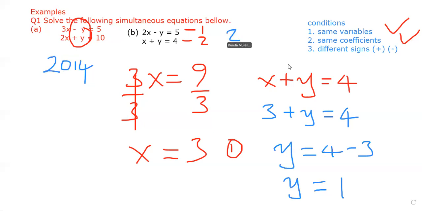You can see that they just changed the questions, but the answers are the same. The first one, we had x is equal to 3, y is equal to 1. The second one also, we have x equal to 3 and y is equal to 1.